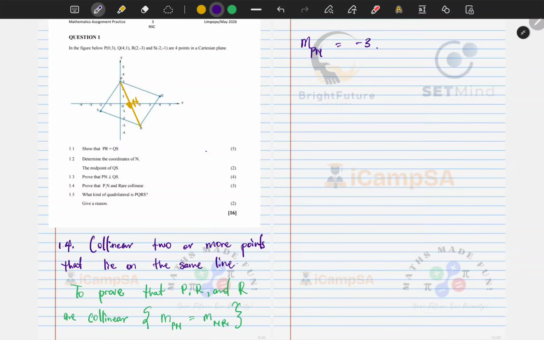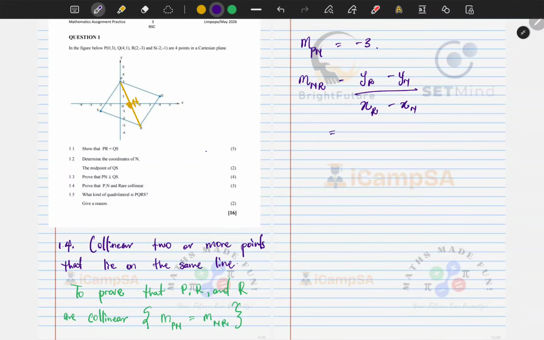So what we need to find is the gradient of NR. Right, so this is going to be your y_R minus your y_N all over your x of R minus your x of N, right?